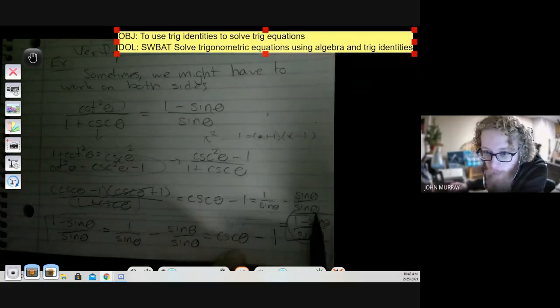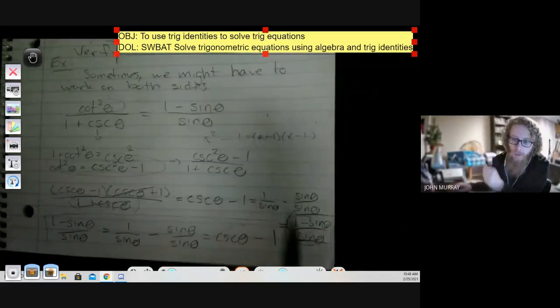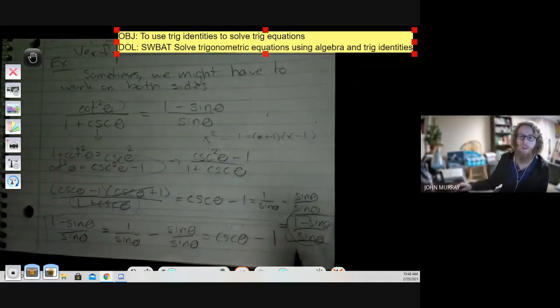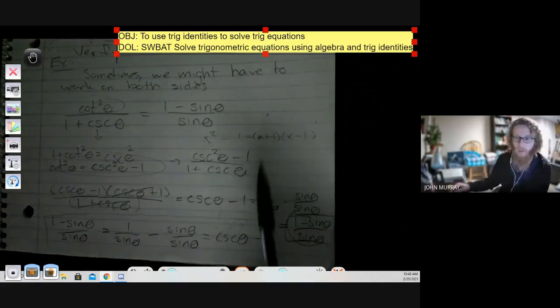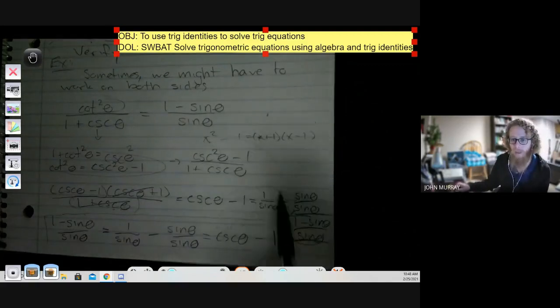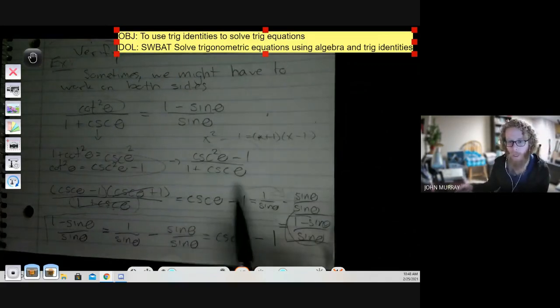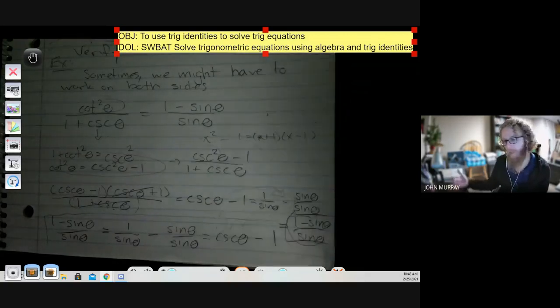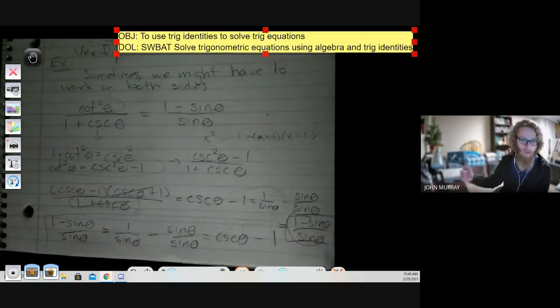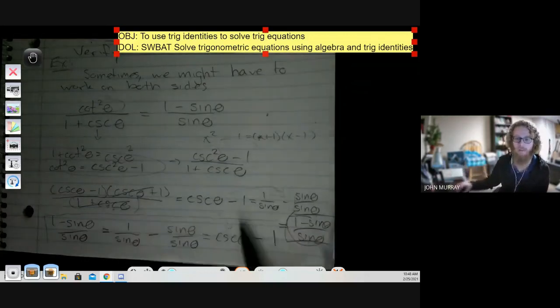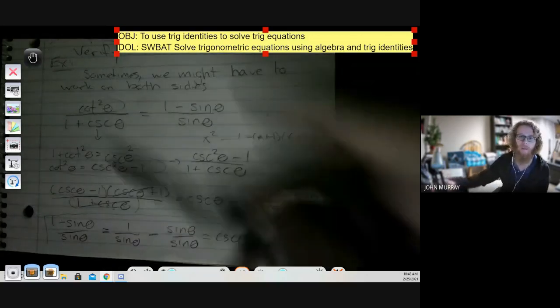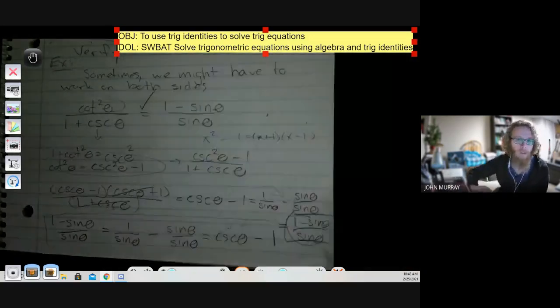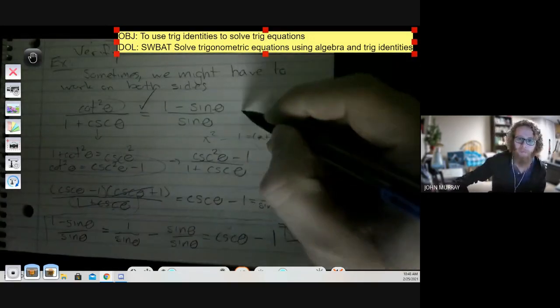So it is possible to get to that final solution using just one side, but going from cosecant minus 1 to this isn't something you see right away. I just showed you real quick that there are at least two different ways to verify that this is true.